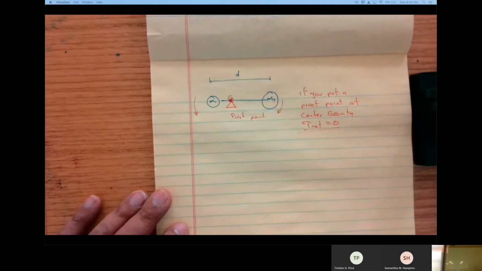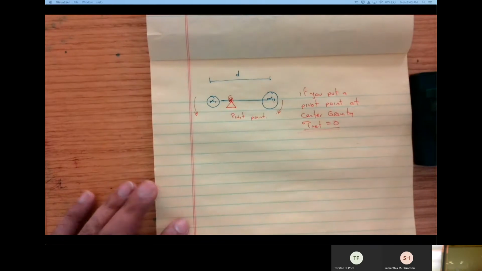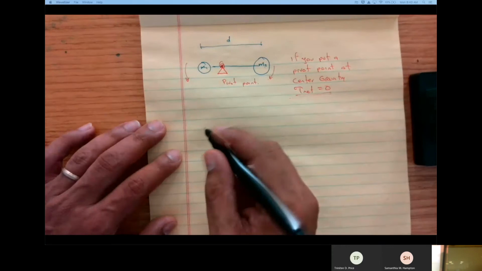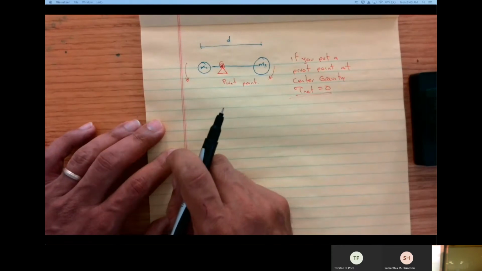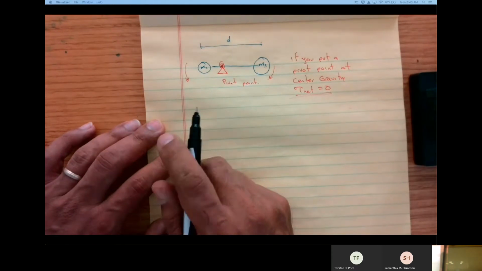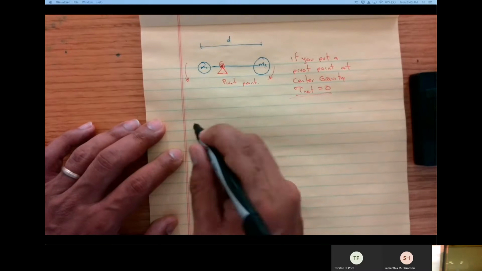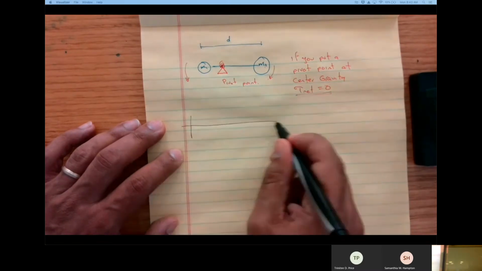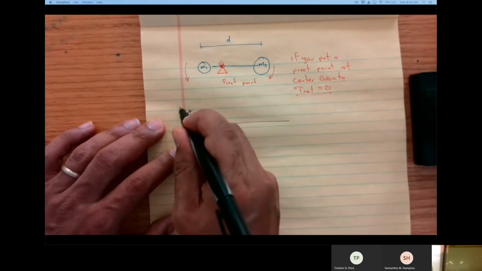The way I'm going to do it, the way you start, is that first of all, I'm going to set up a frame of reference. I'm going to have my X and Y coordinates. This is going to be my origin. And I'm going to have the different positions.